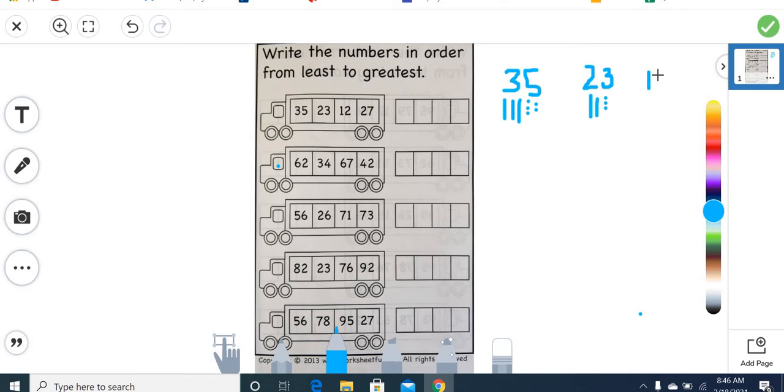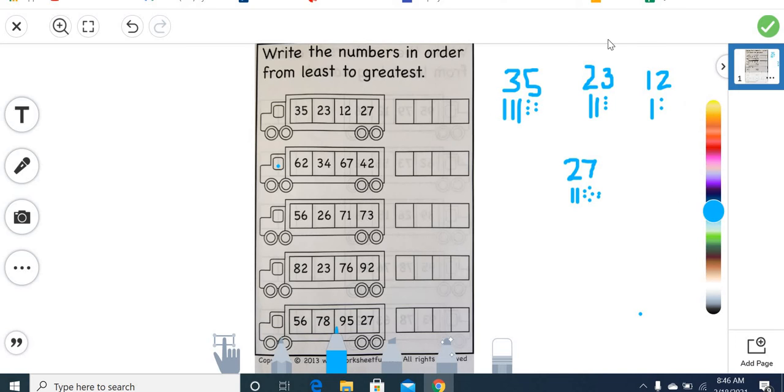My number 12 has 1 rod and 1, 2 dots. And my number 27 has 2 rods and 1, 2, 3, 4, 5, 6, 7 dots.